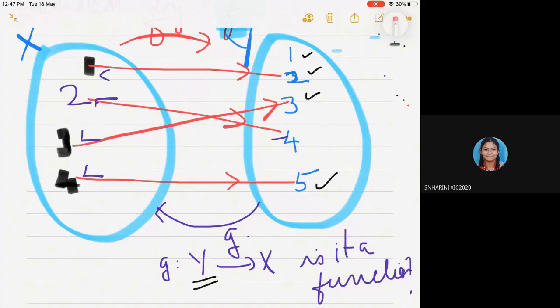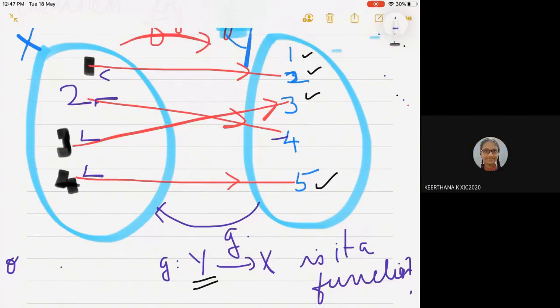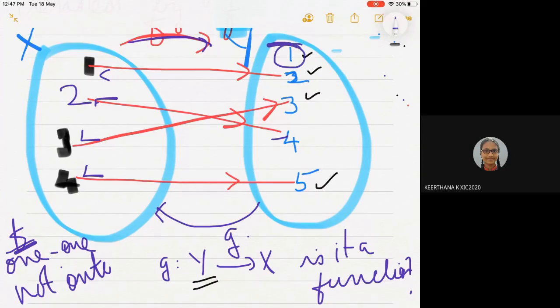What type of function is it? First of all, it is a 1-1 function. At the present situation, you can see that it is 1-1, but it is not onto, right? I'm talking about the function f. This function f was 1-1, but it was not onto because 1 does not have any preimage. So then also you are not able to find an inverse mapping as a function.